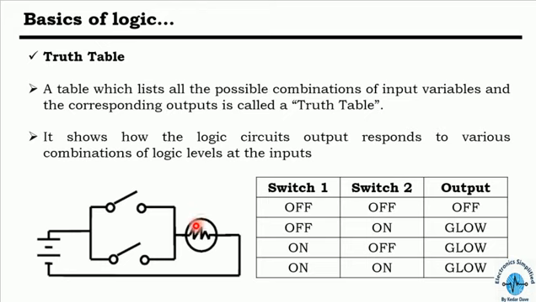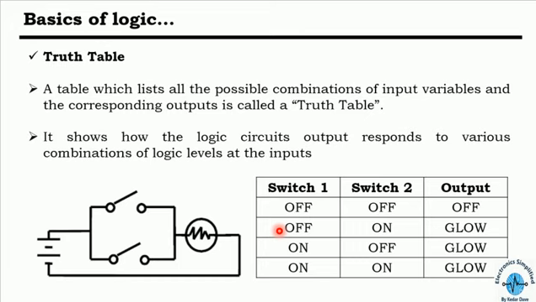Here the bulb is shown. This bulb will glow or not glow depending on these switches. Any one of the switches must be in the on condition so that the bulb can glow. So we can say that this is the truth table for this circuit.